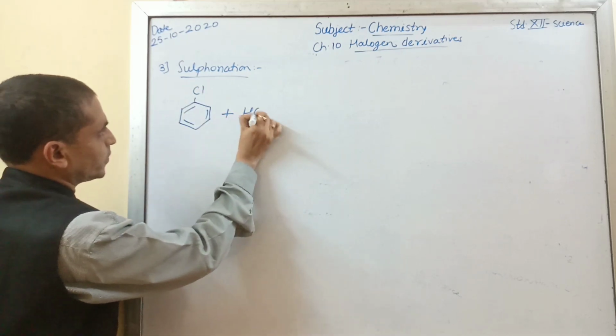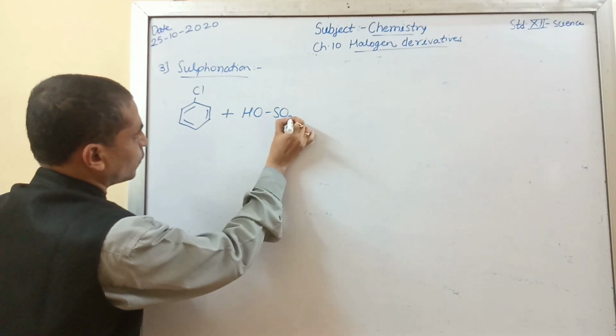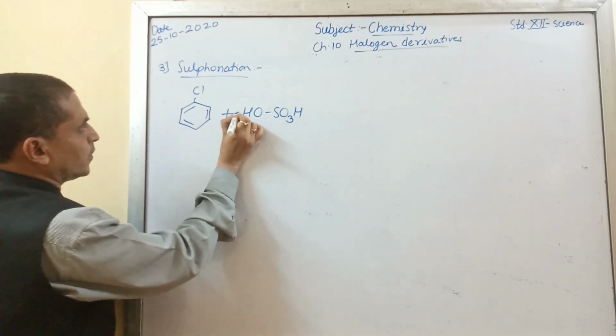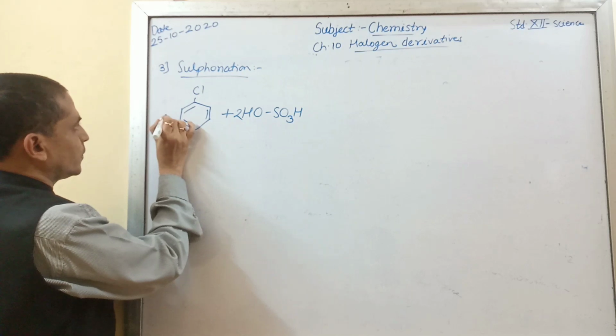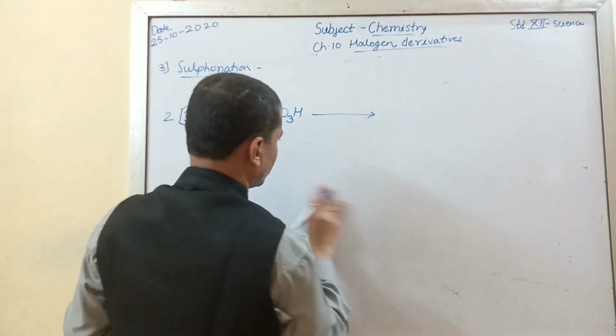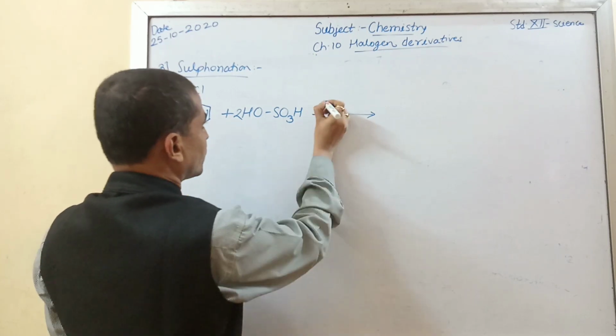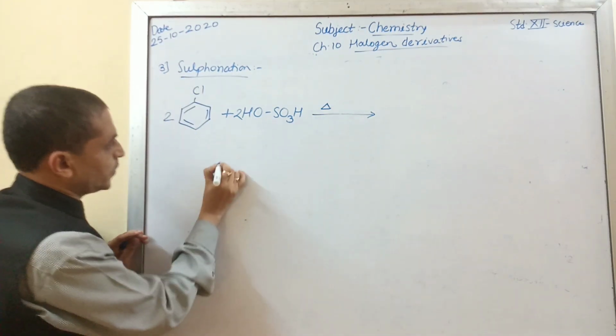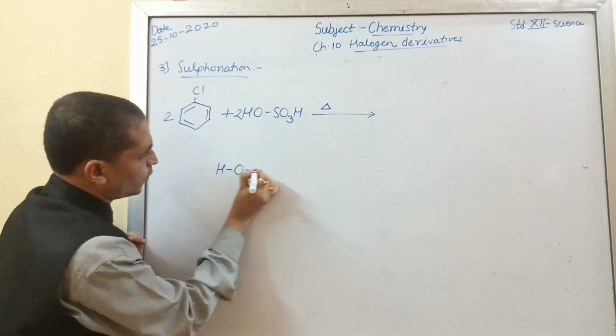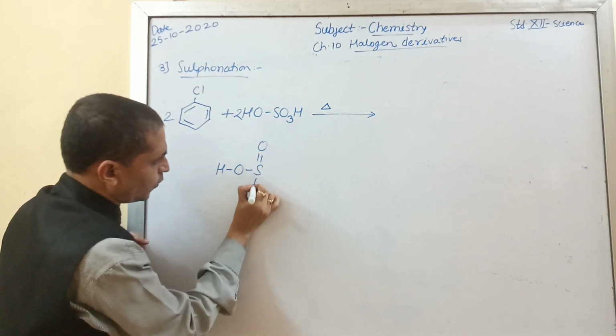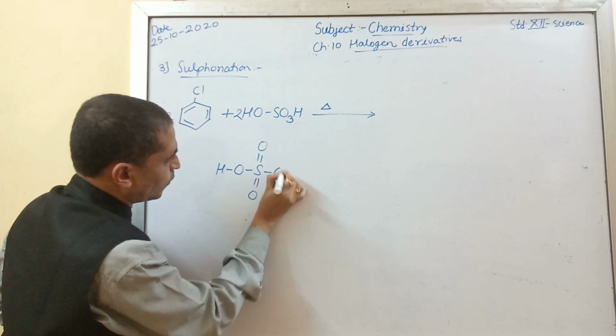Sulfuric acid can be written as HOSO3H, with 2 molecules. Heat. What happens here? HOSOOH.